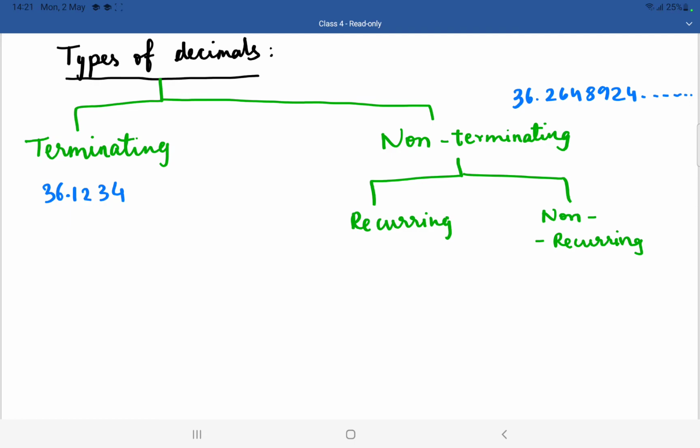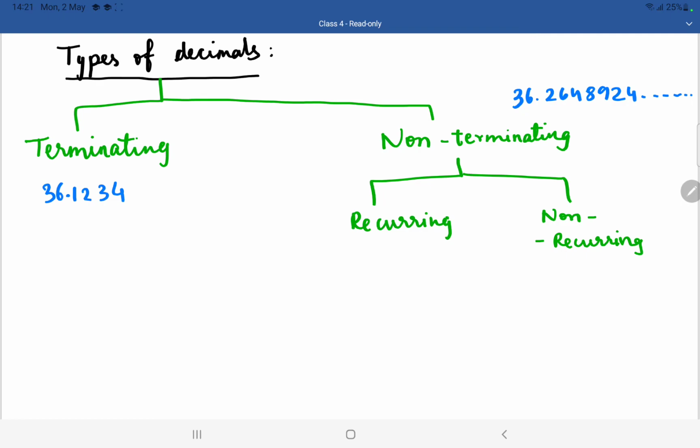So students, for the terminating decimals, I have given 36.1234 as the example. Terminating decimals means the digits in the decimal part will stop after some time. They will end after some time. They will not continue. Coming to non-terminating decimals, the digits after the decimal point will go on till infinity.